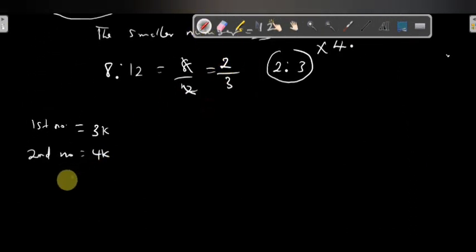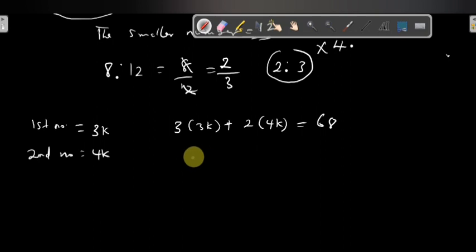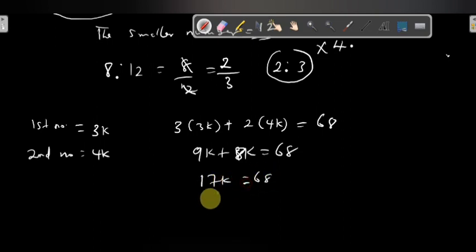So the sum of thrice the first number, that's 3 times 3k, plus 2 times 4k is equal to 68. If you multiply that, this is going to give us 9k plus 8k is equal to 68. So 17k is equal to 68, and k is equal to 68 divided by 17.